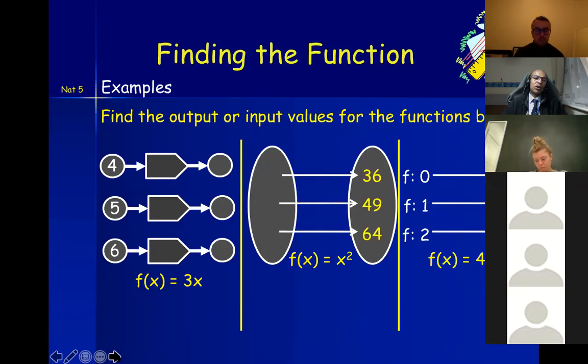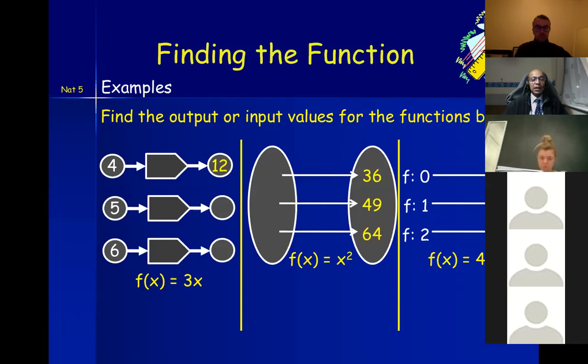Let's say I've got the first one on the left. They've told me that my function, which is that rectangle there with a pentagon, whenever I put in 4, my function turns the 4 into 3 times 4, which becomes 12.